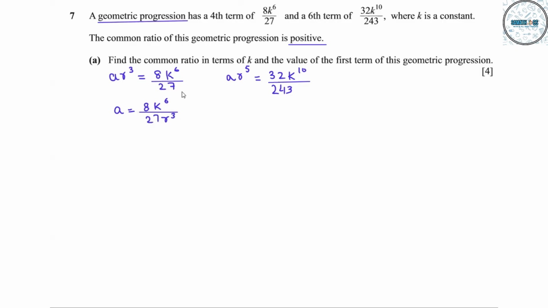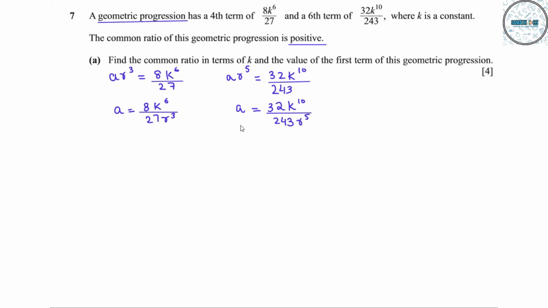This r cube will go to the denominator. And here a is equal to 32k power 10 divided by 243 into r power 5.